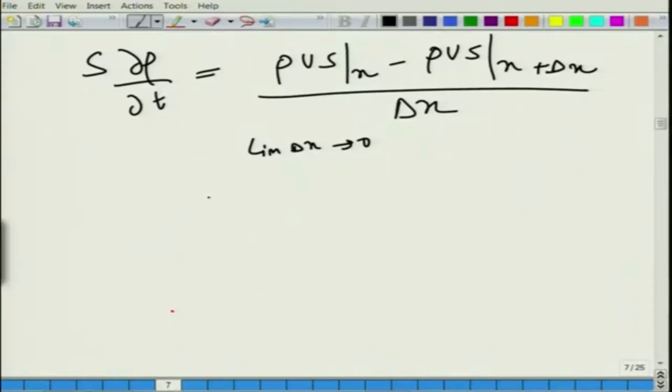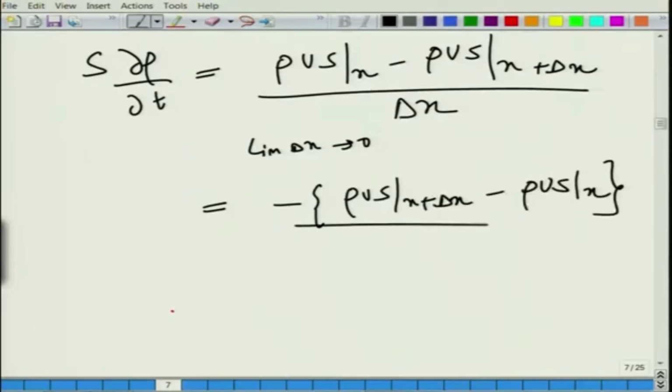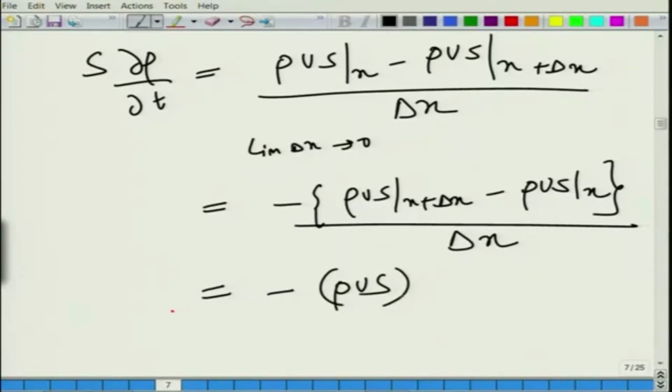This means that we can write the right hand side as, let us first rearrange this term, rho u S at x plus delta x minus rho u S at x, divided by delta x. So, this we can write like rho u S with derivative with respect to x. So, suffix x means derivative with respect to x.